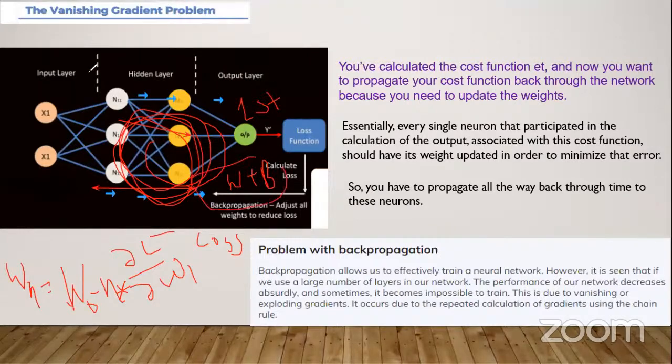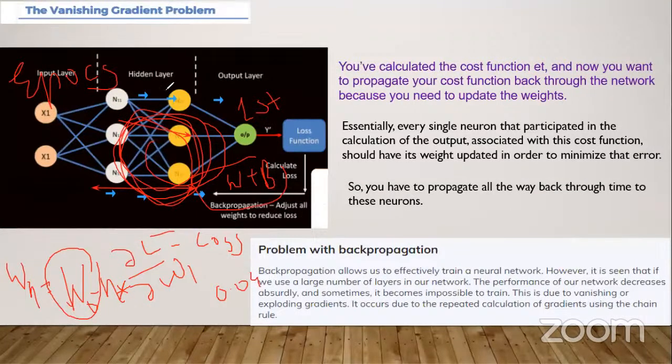So these iterations, or epochs, were happening, and during these epochs, when I have a deep neural network, my weights were not getting updated properly. That was the issue because of the loss function. Whatever loss function I was calculating, its derivative was very small, let's say 0.04.